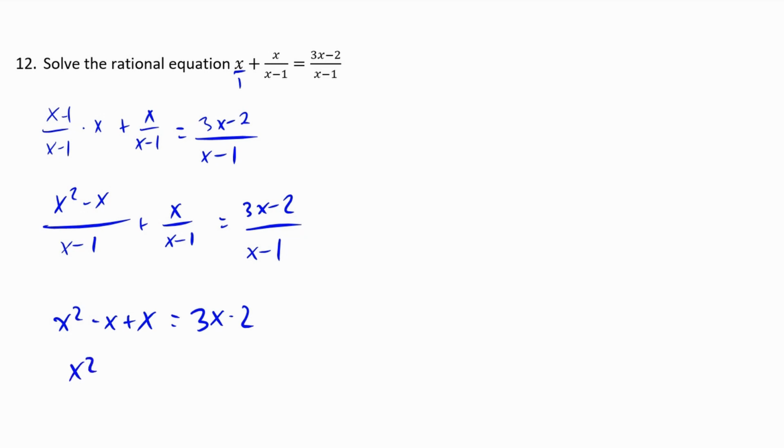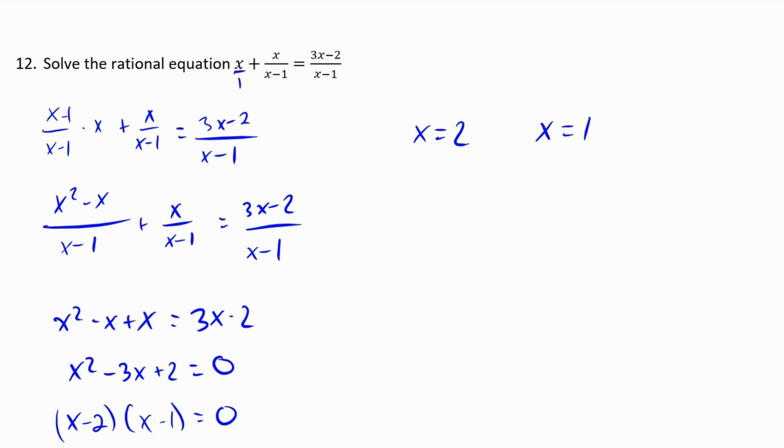So I have x squared, subtract 3x, and add 2, and that equals 0. Now this can be factored. We can factor this and say we can get x minus 2 and x minus 1 equal to 0. Now we need to just solve for both of those. x equals 2 and x equals 1. That's called the zero product property.